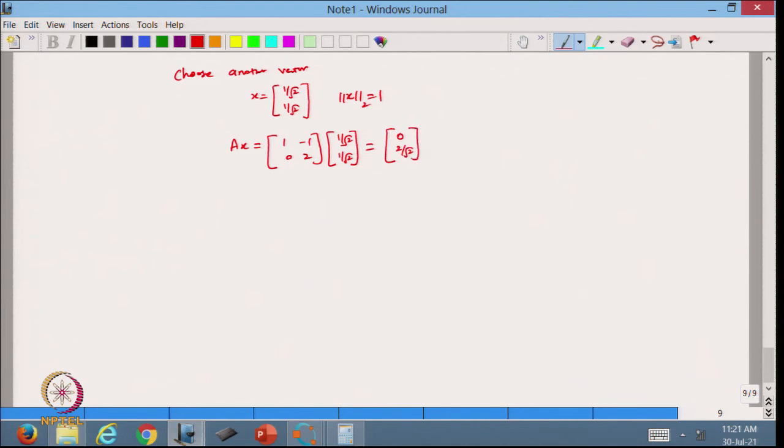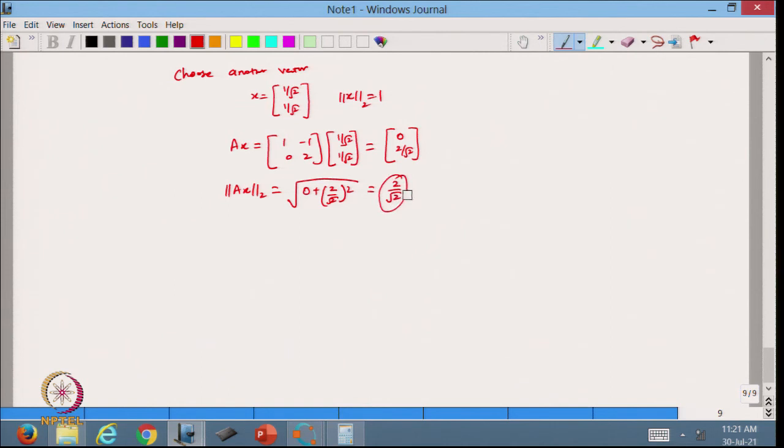I got this value, and now I take the 2 norm of this vector. So, the 2 norm of this vector is equal to 0 plus 2 by root 2 square under the root. So, it is coming root 2.